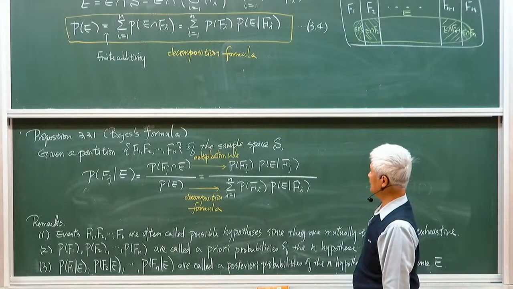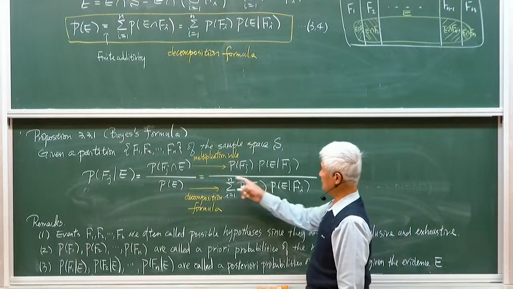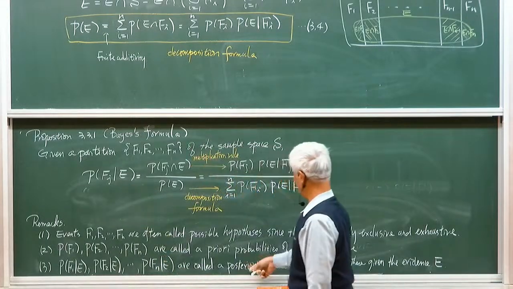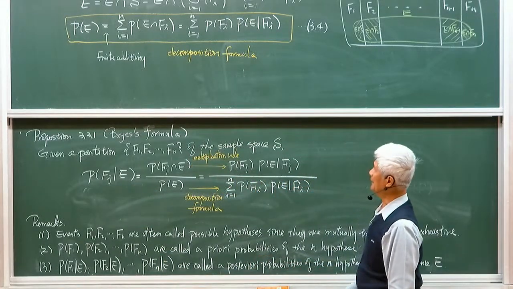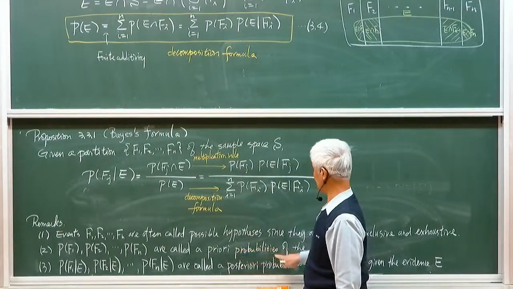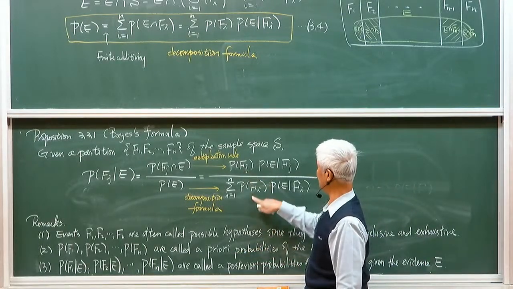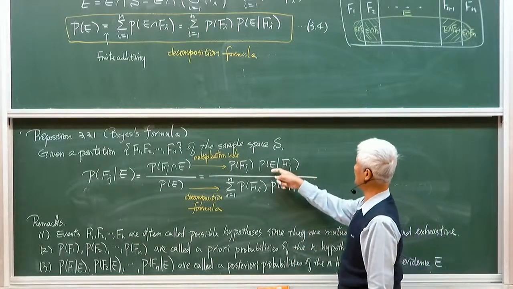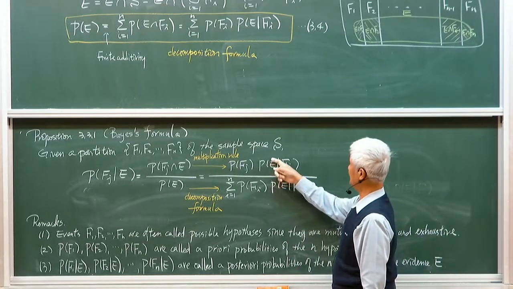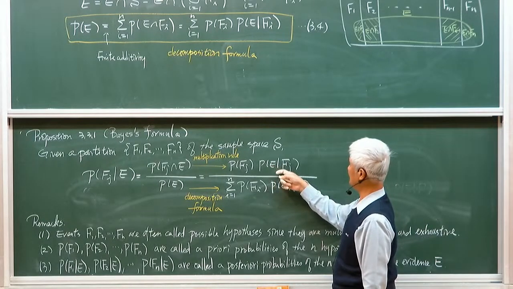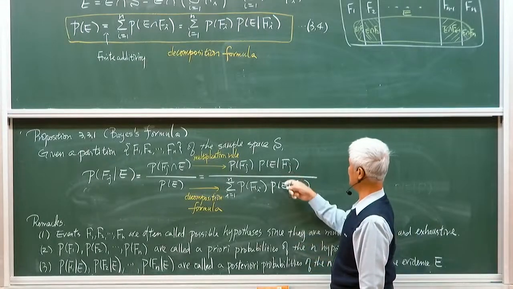You see that the computation of a posteriori probability is based on the a priori probabilities, as well as the conditional probability of having the evidence E given the j-th hypothesis.